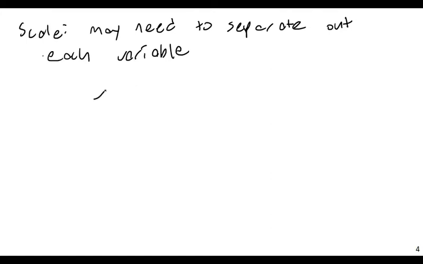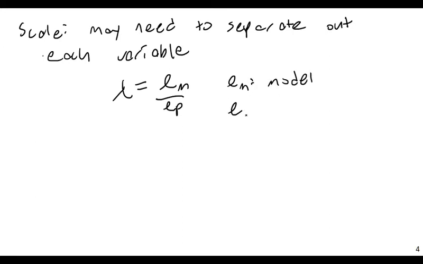So you might have something like lambda being your scale factor, where lambda perhaps could be equal to, for example, in one case, Lm over Lp, where Lm would be the length of the model, and Lp would be the prototype, or the real.